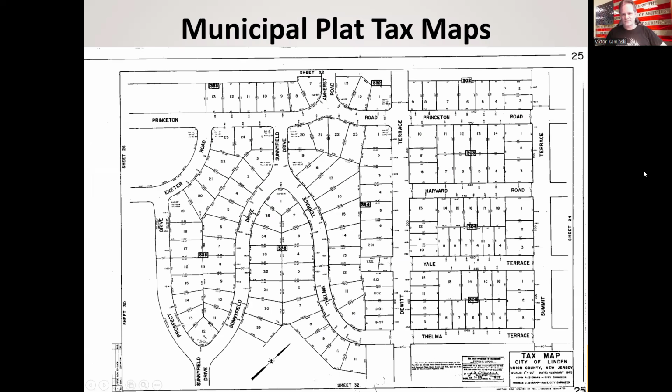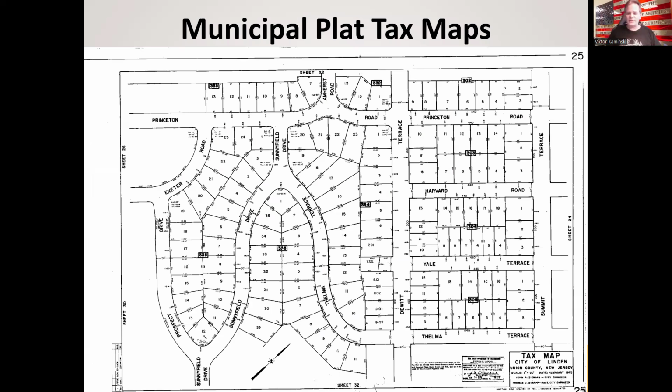Question: if you're a developer and you build a private street and you don't dedicate it, do you have to maintain it when it snows? Yes, because it's your street, it's a private road that you built on your land. That makes sense. If you're not dedicating it to the city, then you're keeping ownership of that land that you built a street on.